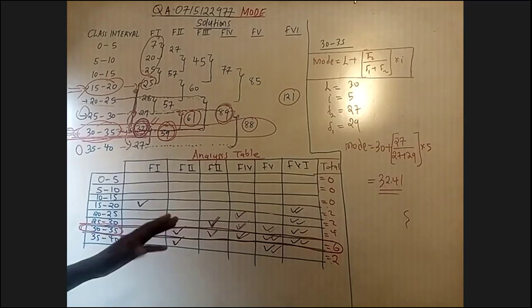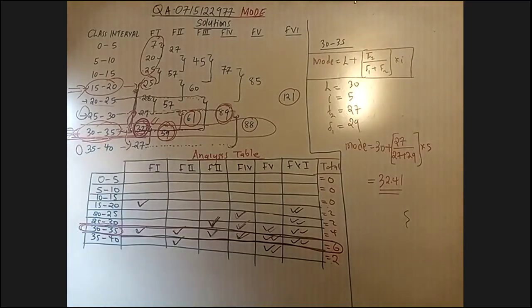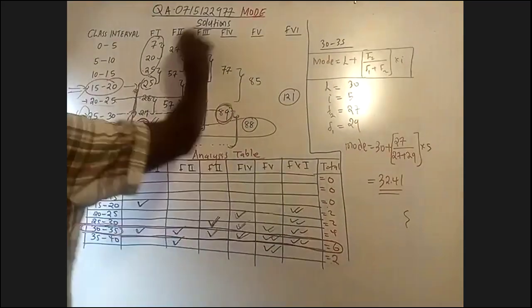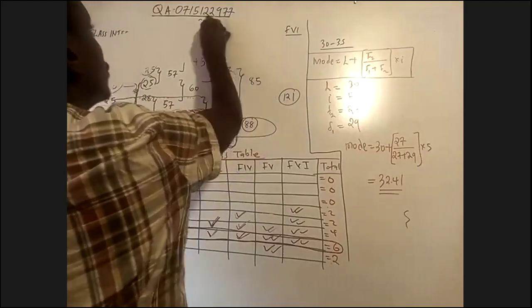But if you see the max is like 5 or 6, use the analysis table. So if you see the max is large, you use the analysis table.